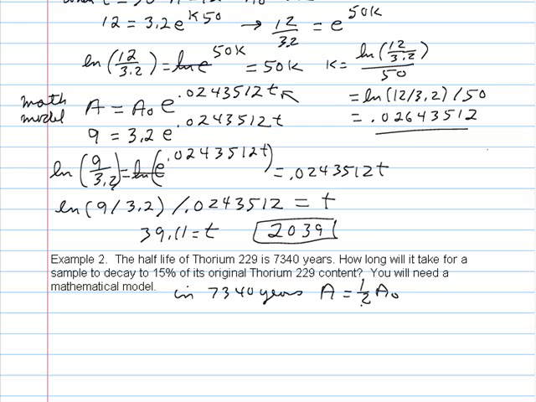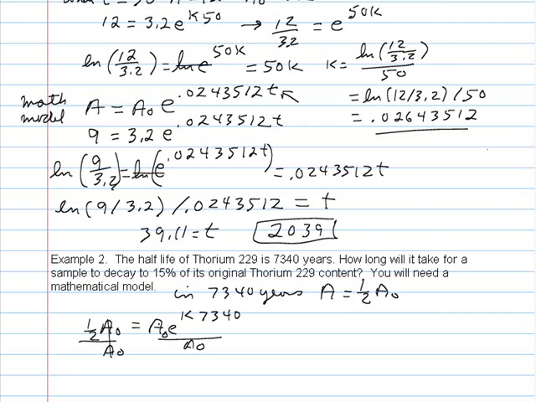And we can use that to find K. So let's go ahead and plug it in. For A, I put half of A naught is equal to A naught E to the K times 7340. That's my T. Now, this time I have A naught on both sides, so I'm going to divide both sides by A naught.